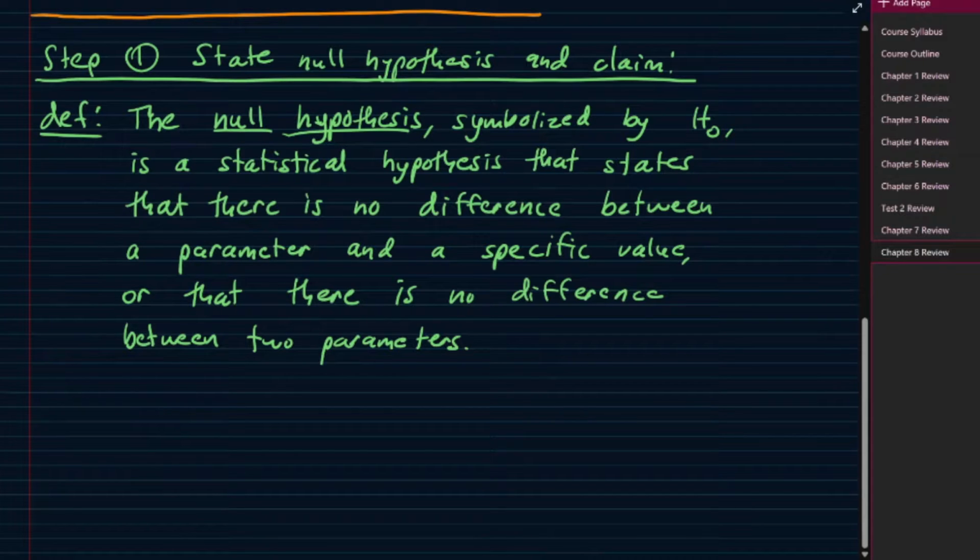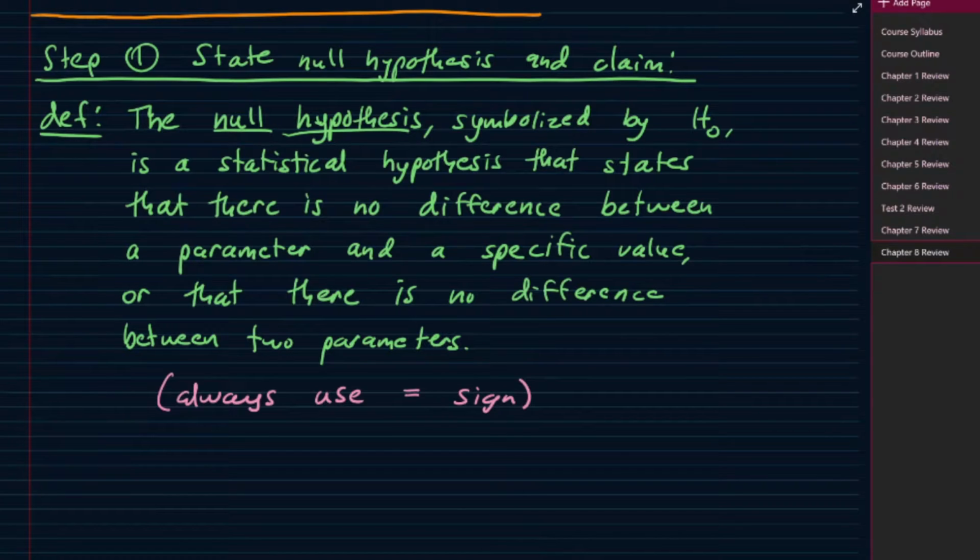So with the null hypothesis, always use an equal sign. Okay? The null hypothesis, you want to always use an equal sign.